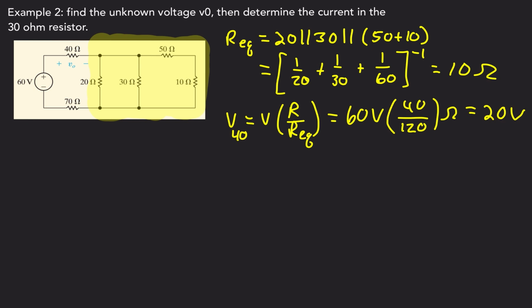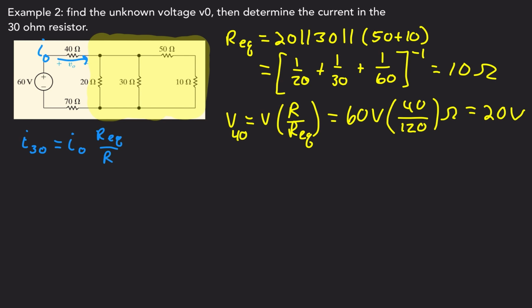The current flowing into here, I'll call it I naught. What we want is I30. That's equal to I naught times R equivalent divided by R.